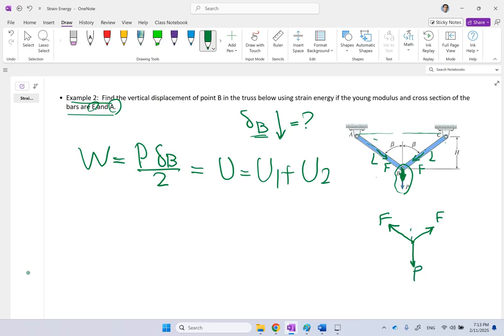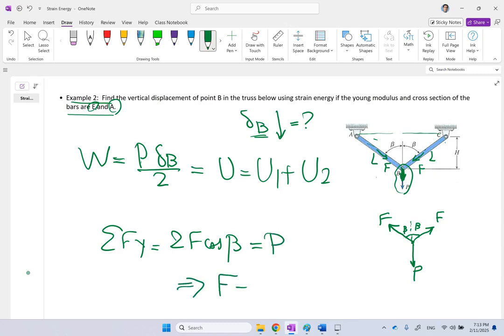And remember, these angles are beta each. In the x direction, they would cancel each other. In the y direction, if you write the sum of Fy, that is going to be 2 times F times cosine of beta. This should be equal to P. And from here, you can find the axial load in each member. It's going to be P over 2 times cosine beta.